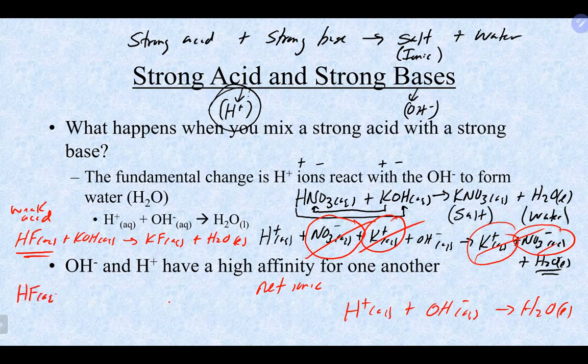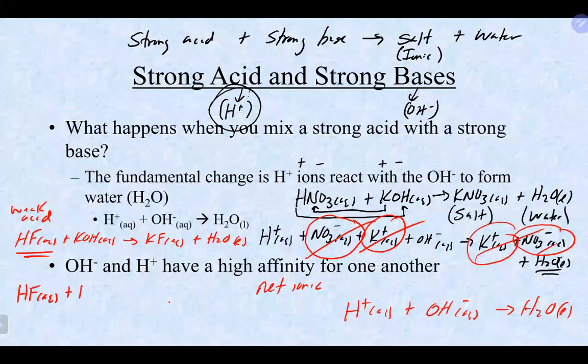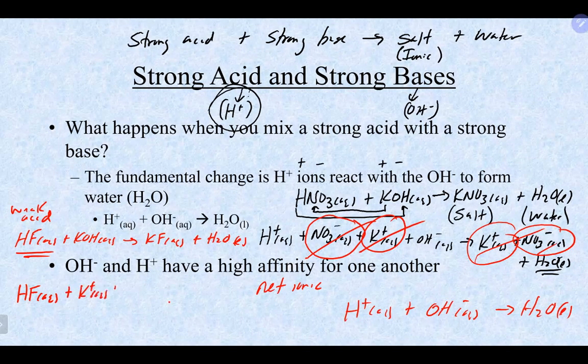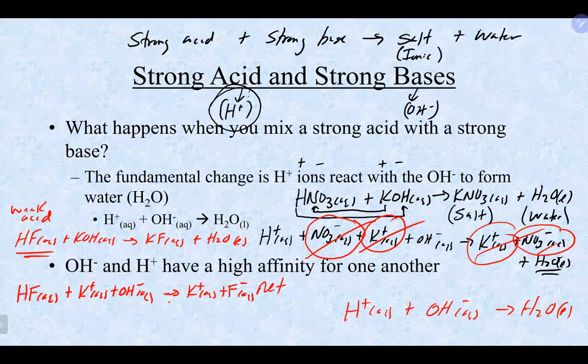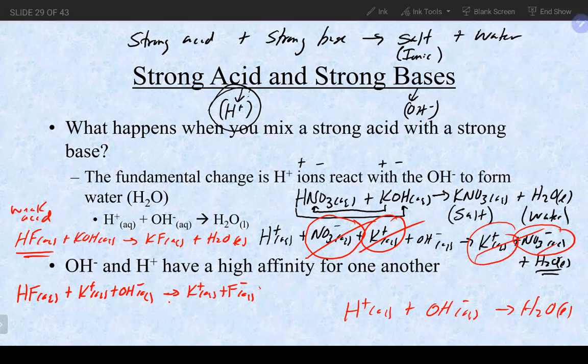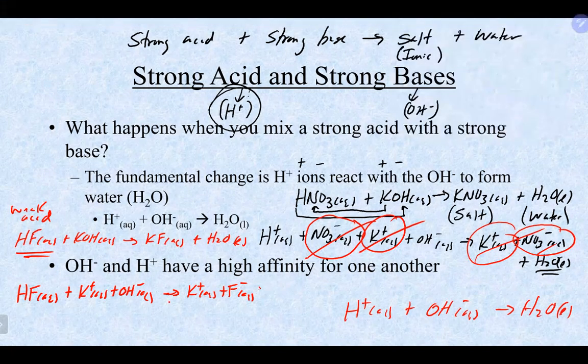We would still break apart the K plus and the OH minus from the strong base. We would also break apart the K plus and the F minus from our salt there. And we would then also have our water, which would stay together.